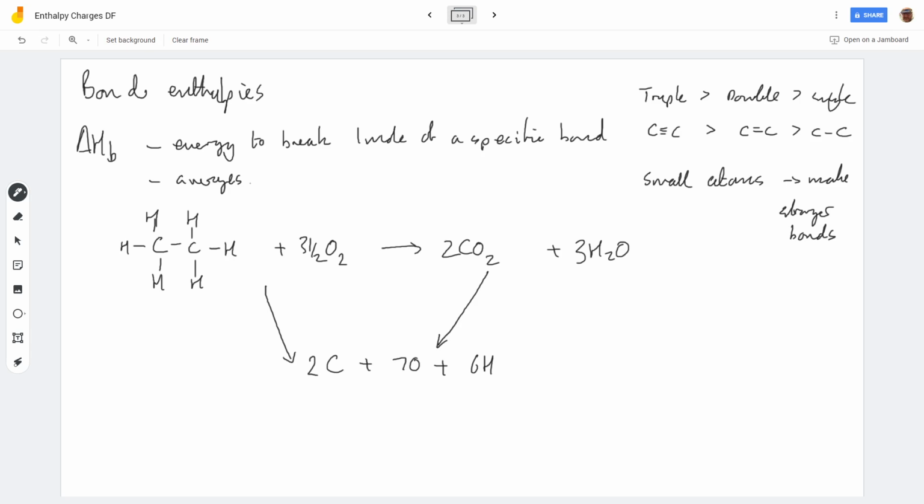So you smash it into individual atoms, and this is just another application of Hess's law, because we can imagine that the enthalpy change we're interested in is exactly the same as going round there. So that's delta H reaction we're interested in. But what we've got to do is work out what this enthalpy change here is and that enthalpy change there is. So delta H1 is all about breaking bonds.